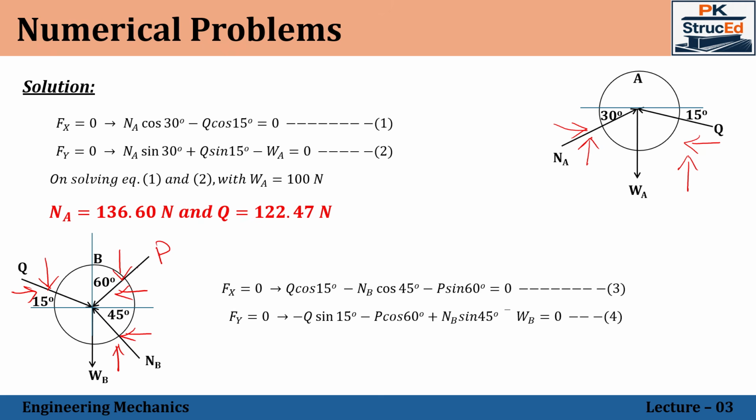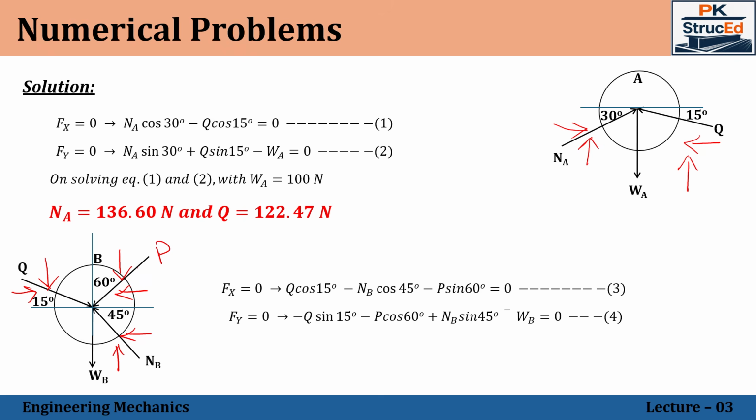Based on this we can fix the signs, positive or negative. Except for P, both Q as well as NB are given with inclinations with respect to the x-axis, so the x components of Q and NB will be cos theta, whereas the y components will be sin theta. On the other hand, for P the angle is given with respect to the y-axis, so the y component will be cos theta and the x component will be sin theta.